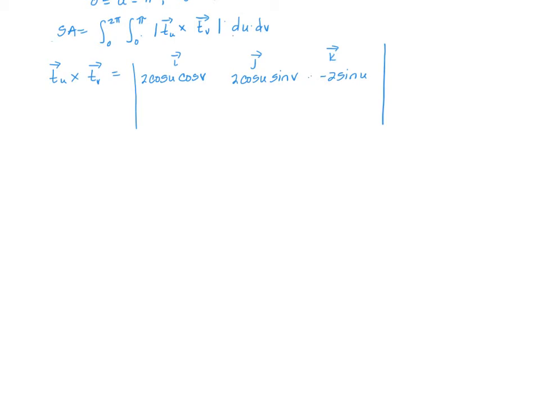And now I have to do the partial derivative of x with respect to v, y with respect to v, and z with respect to v. This becomes negative 2 sine u sine v. The next component would be 2 sine u cosine v.